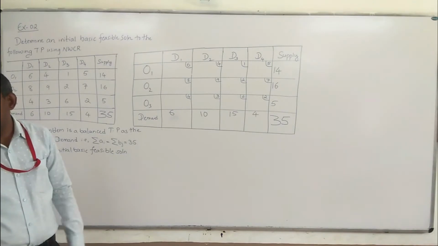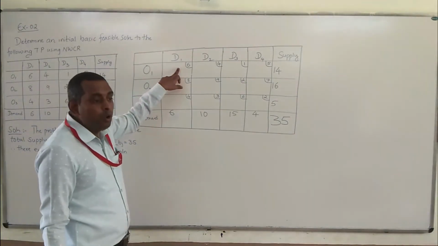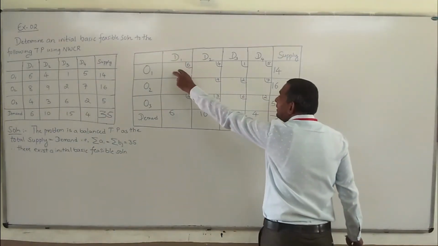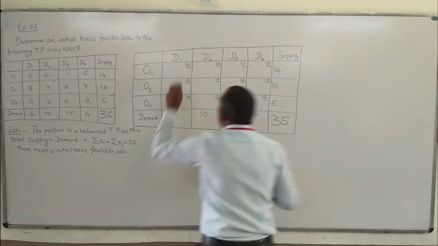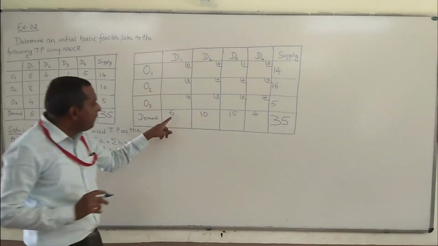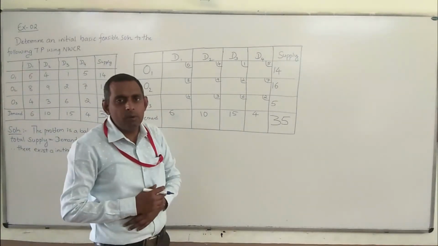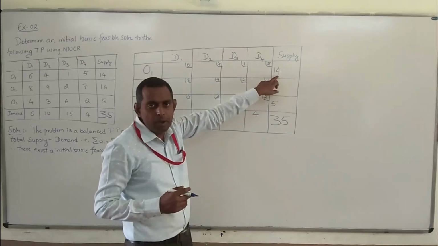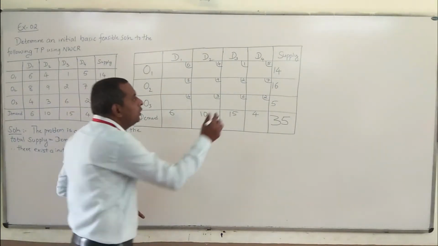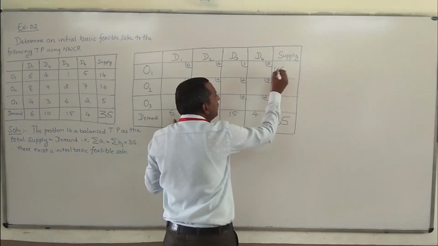Now start solving it. The first allocation will be done in the northwest corner, which is the first corner. So here the allocation starts. Compare the demand and supply here. Which is the greater one? Here supply is the greater one, whereas the demand is less.